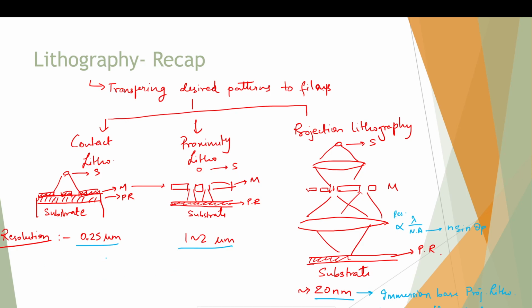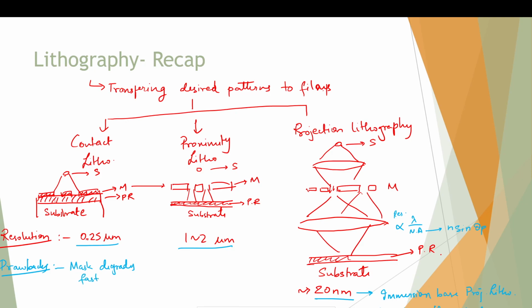So yeah, now let us come to the drawbacks. The drawbacks of contact lithography are that the mask degrades fast. Naturally, since we are bringing the mask in contact with the photoresist, it is going to collect some photoresist onto the mask, and however much we clean it, after some lithography runs it is going to get damaged.